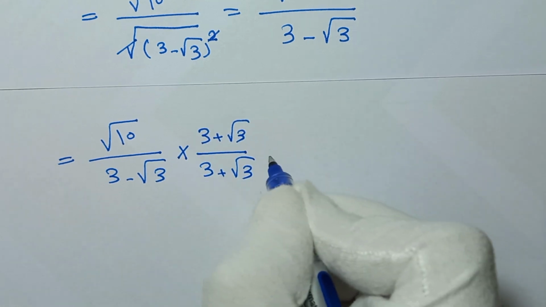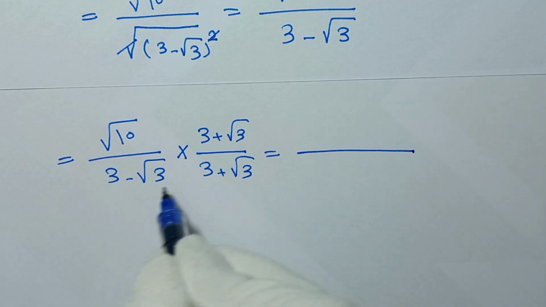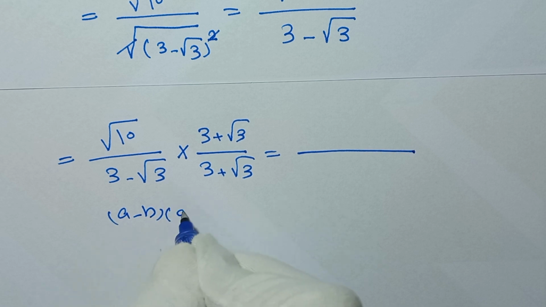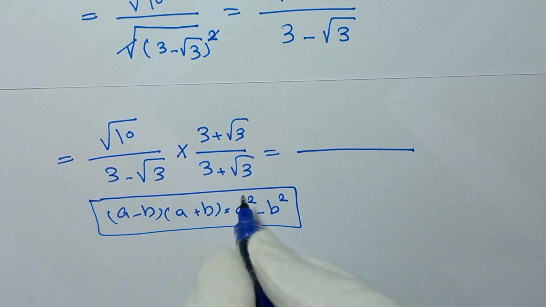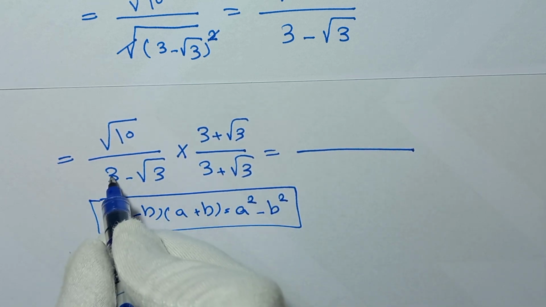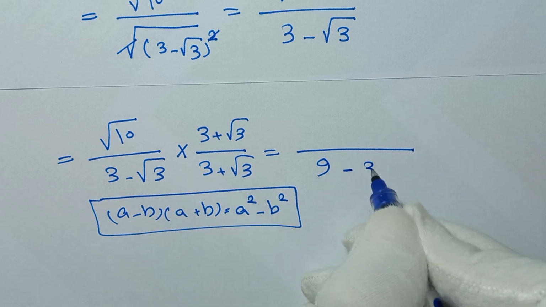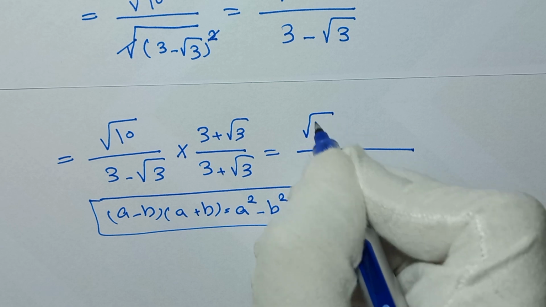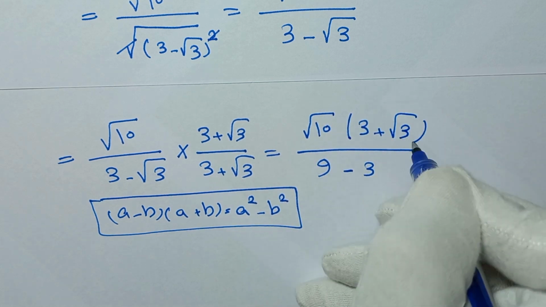For the denominator, this times this is in the form of a minus b times a plus b, and it will be a square minus b square, right? So here it will be 3 square is 9 minus square root of 3 square, which is 3. And for the numerator, we have square root of 10 times 3 plus square root of 3.